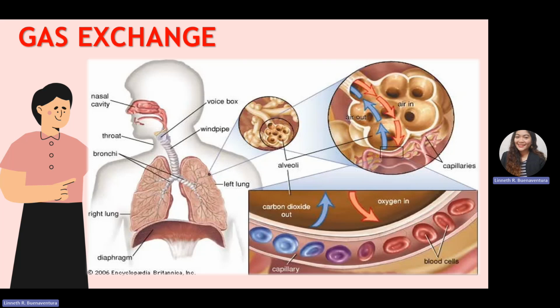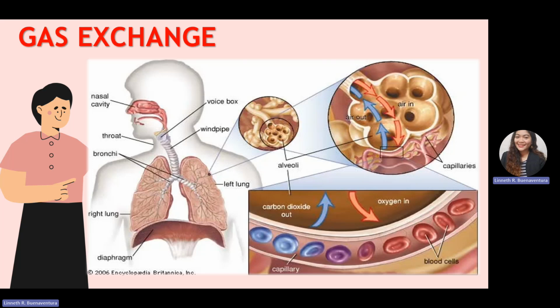Other than that, if we look at cellular respiration or gas exchange in our body, it extends to the gas exchange at our alveoli. If we zoom in, the air sacs, also known as alveoli, are tiny sacs of air where the oxygen enters the blood and carbon dioxide is removed.